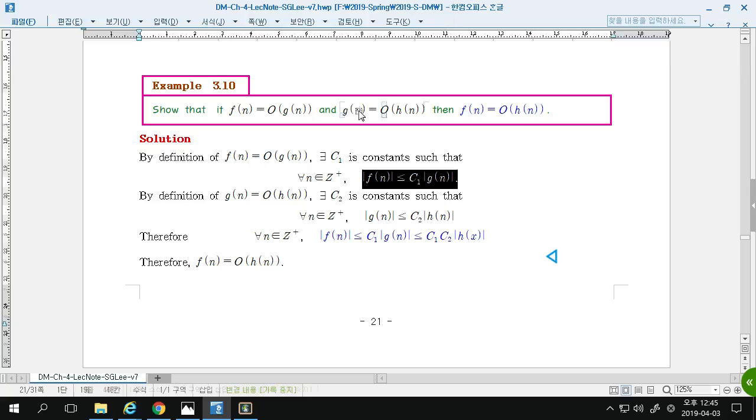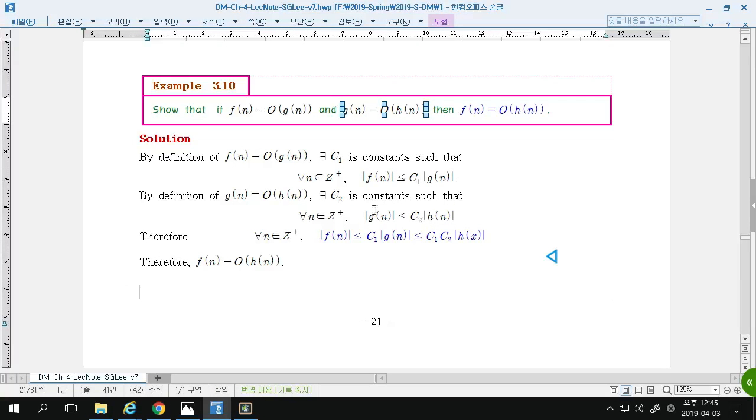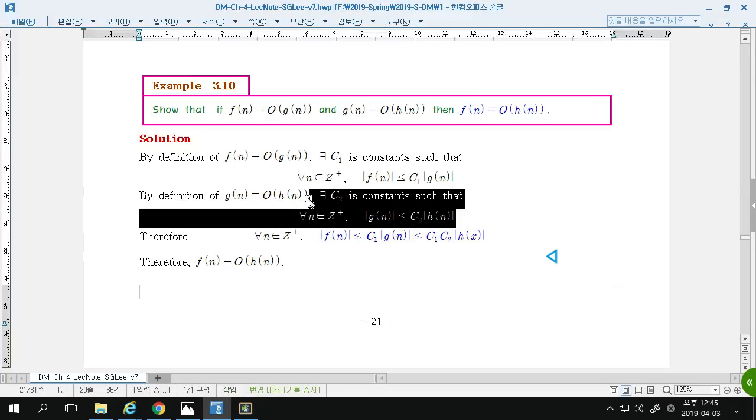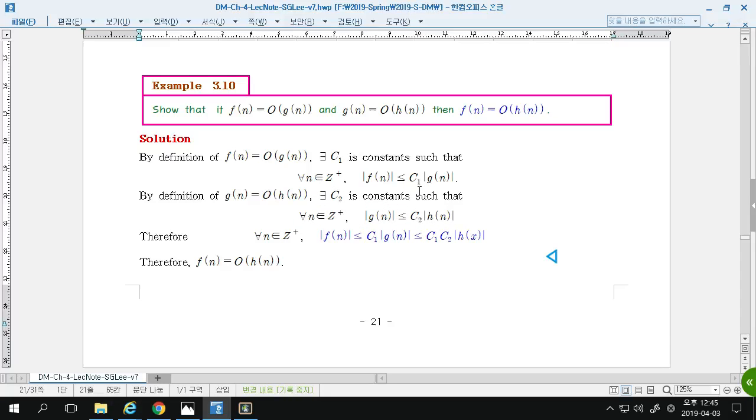And if this is true, then there exists a constant C2 that satisfies this, or C3, whatever. If we multiply those two constants, then we have the absolute value of f of x is less than or equal to this, which is less than or equal to a constant times the absolute value of h of x.